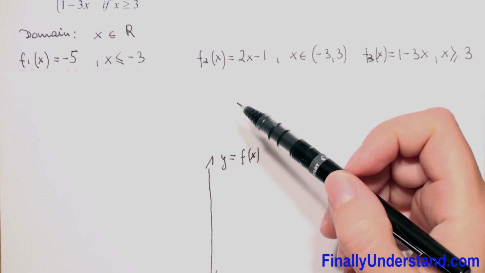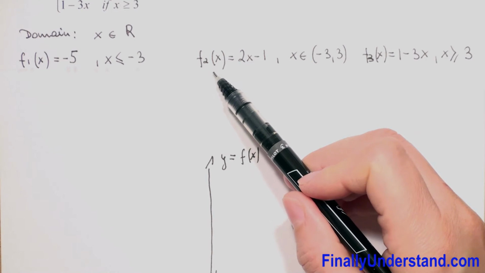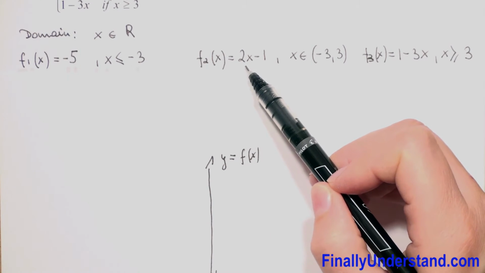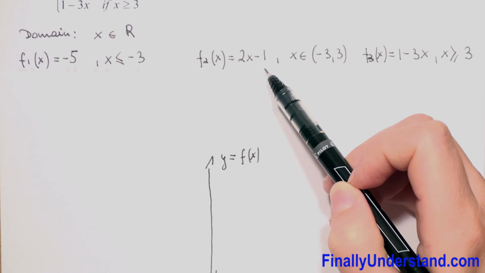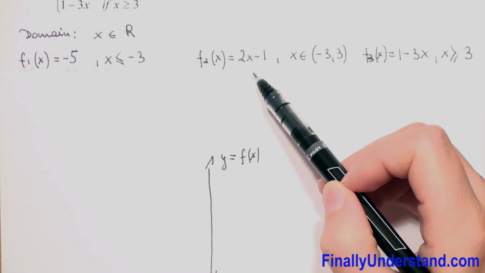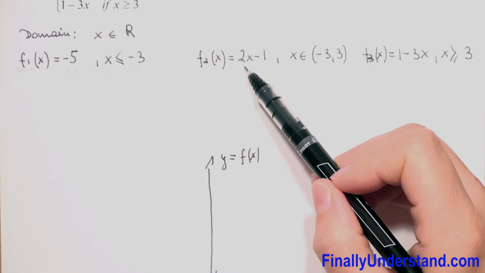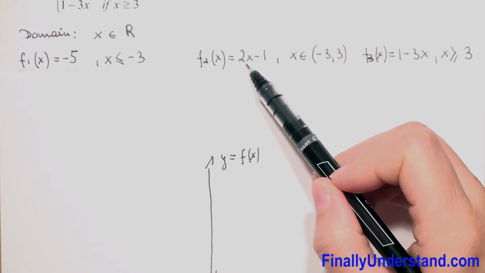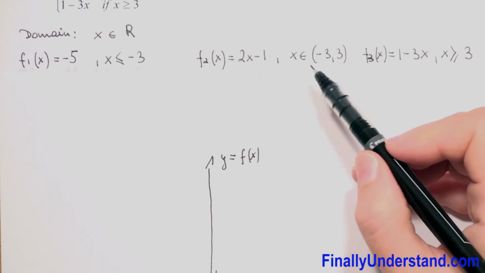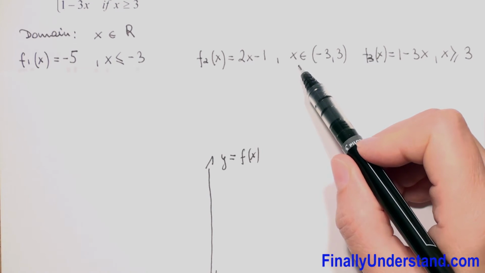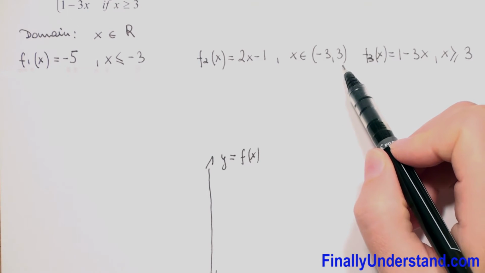Now we will have to draw the second. We have 2x minus 1. So the graph for this function is straight line. Because we have positive coefficient, it means our line is increasing. And we have to choose x from this interval.